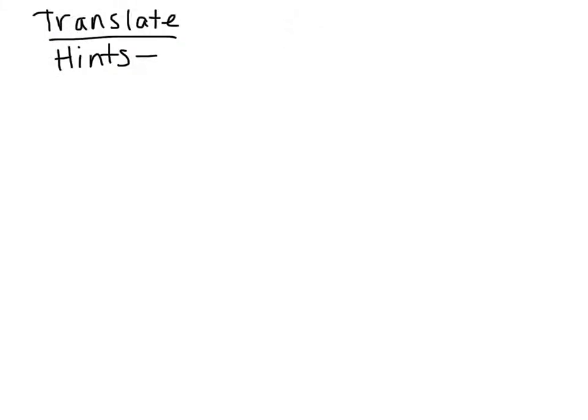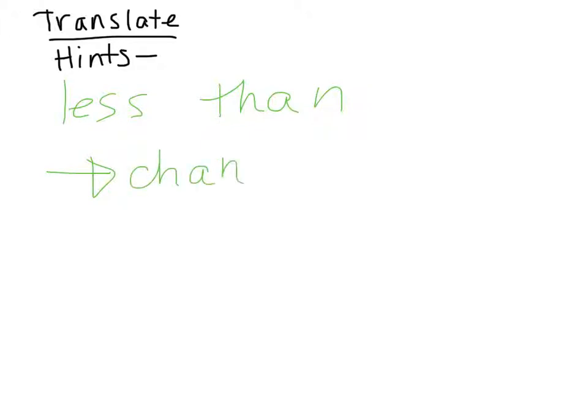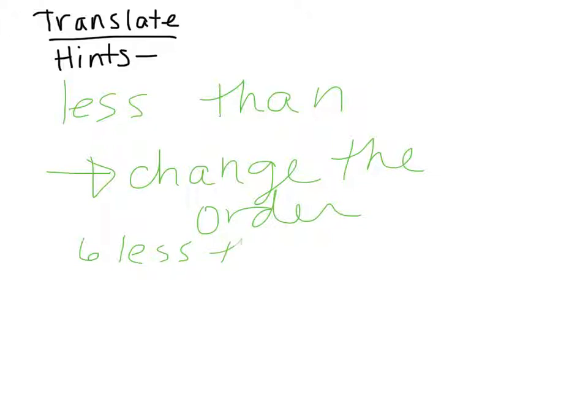When we talk about translating, we're taking those verbal expressions and writing them into an algebraic expression. A big hint to remember is that when we see less than, right, we know that it means subtract, but we also want to make sure that we change the order. So if it says 6 less than a number, we don't put 6 minus x.